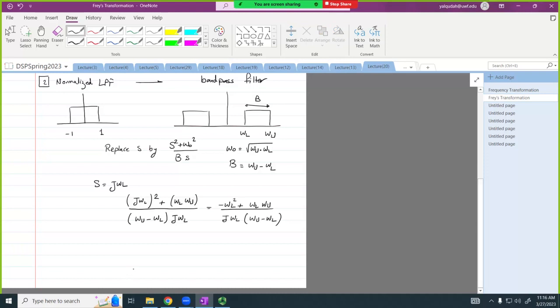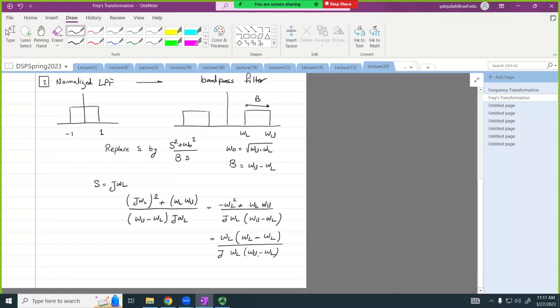Okay, so what is this equal to? We can take omega L outside here. So you're going to have omega L multiplied by omega upper minus omega lower, divided by j multiplied by omega L multiplied by omega upper minus omega lower.